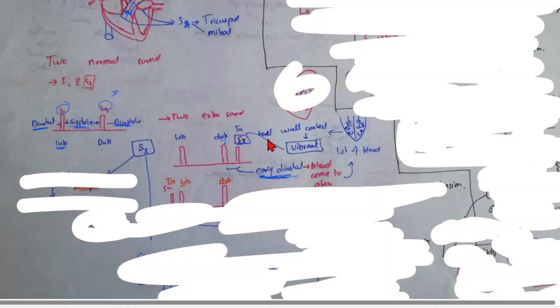So what does S3 mean here? If you hear the S3 sound, it means that a lot of blood comes into the ventricle during early diastole. If a lot of blood comes in, it produces a vibration, moving back and forth, and this vibrating movement produces a third sound, called the S3 sound.